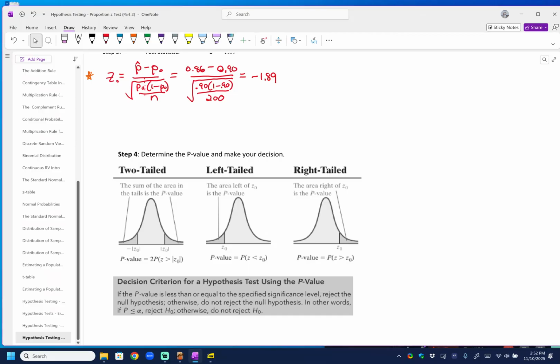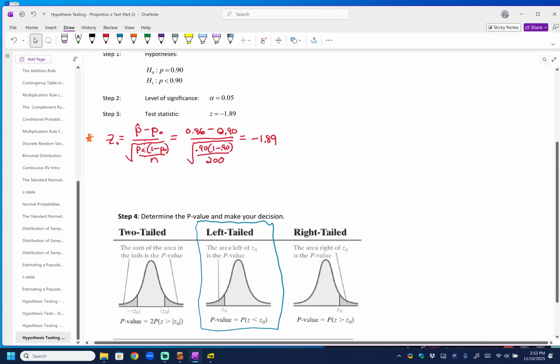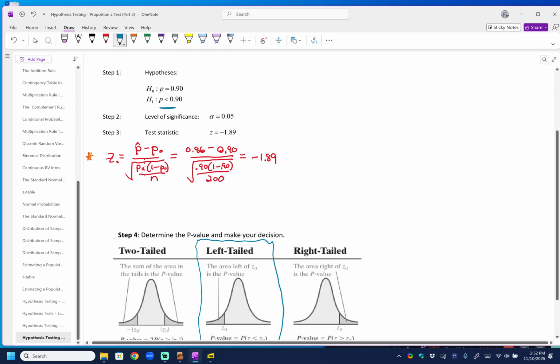Just like we did last time, since we are going to do an example of all of these, I want to focus strictly on the type of test that we're doing and then worry about the other ones when we have an example of it. So as you recall, this is a left-tailed test because it's a less than test.